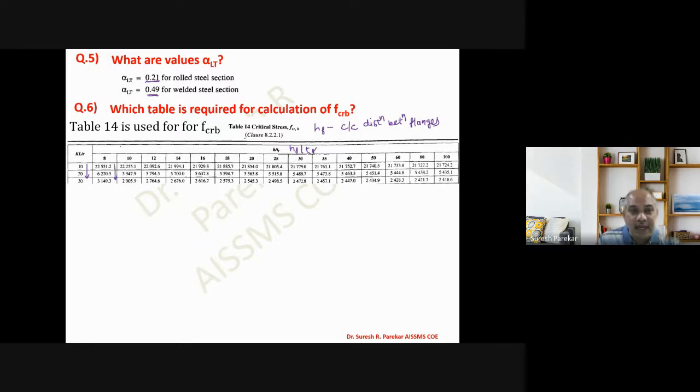And then again you can see if your hf upon tf is increasing, then your value of fcrb is again decreasing. So anyway, if you increase the value, that may be of lambda or that may be of hf upon tf, your value of fcrb decreases.